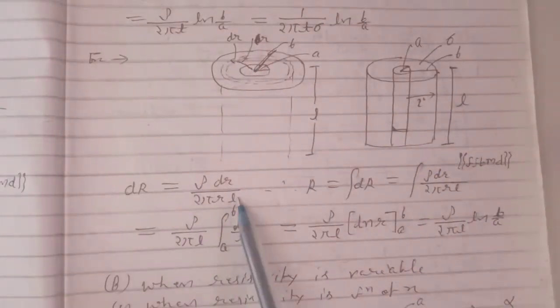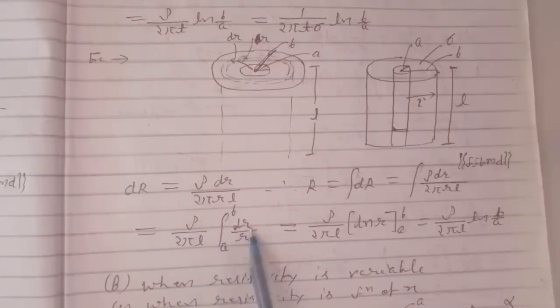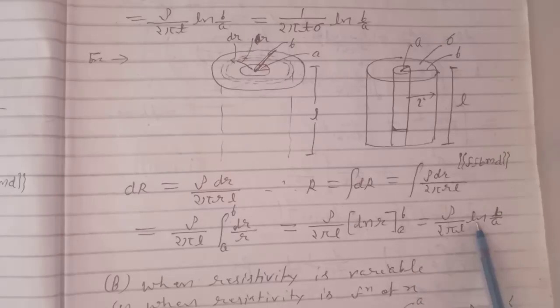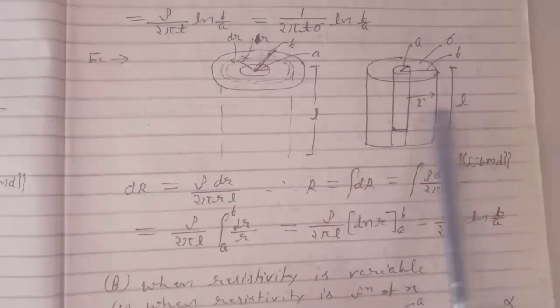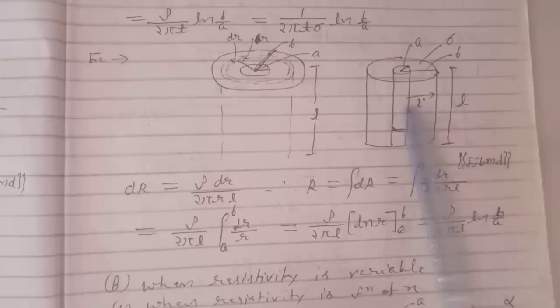So R will be integration of rho dr by 2 pi r l, and rho by 2 pi l integration from a to b of dr by r, rho by 2 pi l integration log r from a to b, so rho by 2 pi l ln b by a. So this will be the resistance of this given material if current is flowing in this direction.